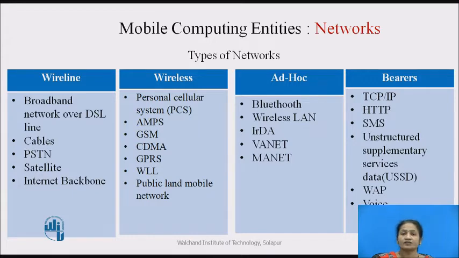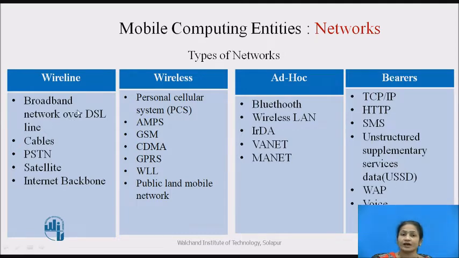The main important part of mobile computing is the network. There are different types of networks which are provided. The types of networks are wireline network, wireless network, ad hoc network, or others. A wireline network is a fixed network in which the connection is established and the network is formed.